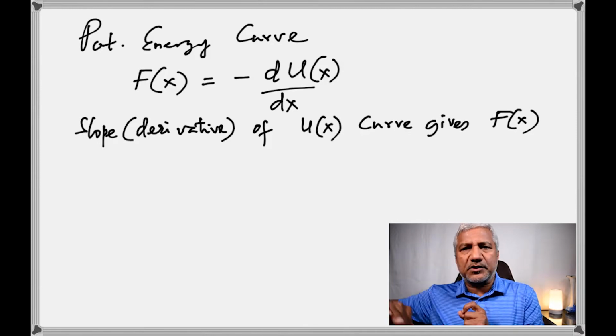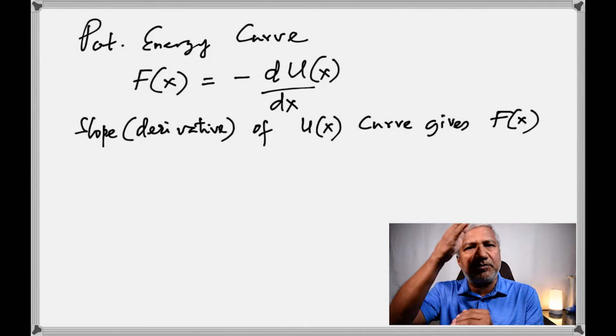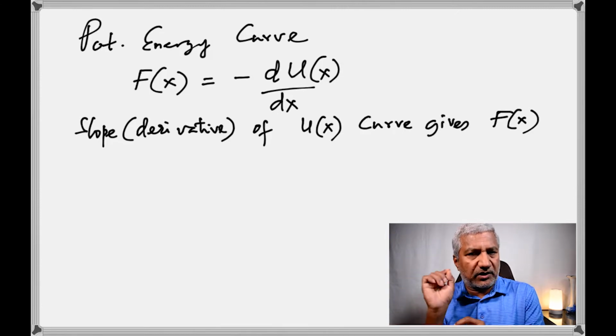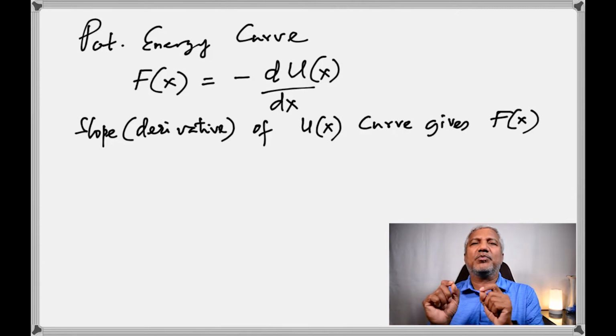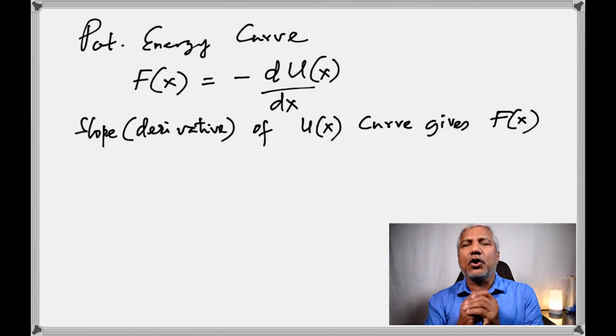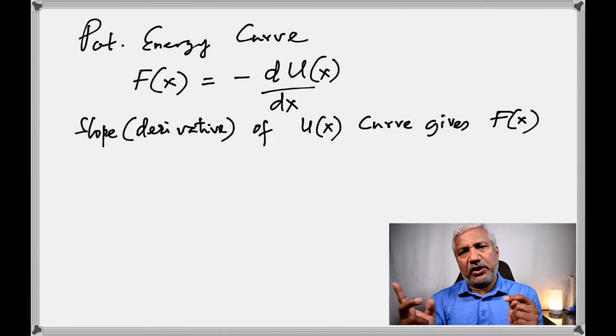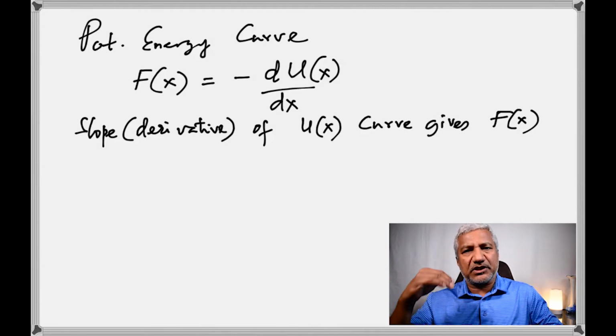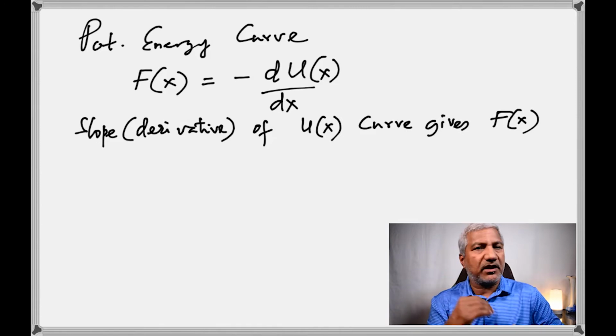Because it's a kind of U-shaped curve, and at the lowest point, it's horizontal, right at that point, and therefore the slope is 0. So, we know two things. Number one, at turning points, kinetic energy is 0. And at the lowest point, potential energy is minimum. We cannot say it's 0, it is minimum.